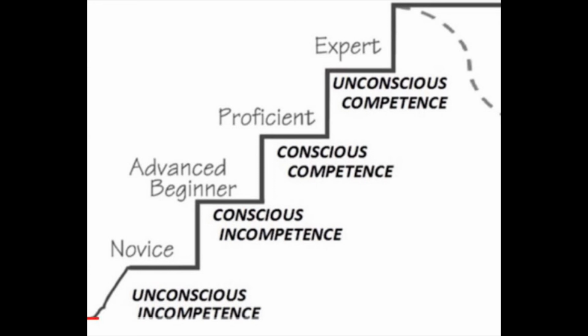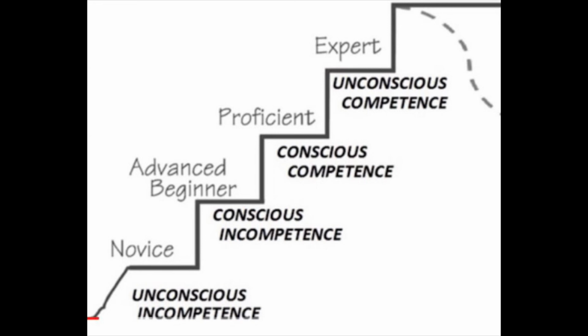And then you've moved them up to either conscious incompetence, where you've taught them something and they still don't know enough, they can't practice it, but at least you've taught them. Or you've moved them up to conscious competence, where they're proficient, but they still need feedback or help.